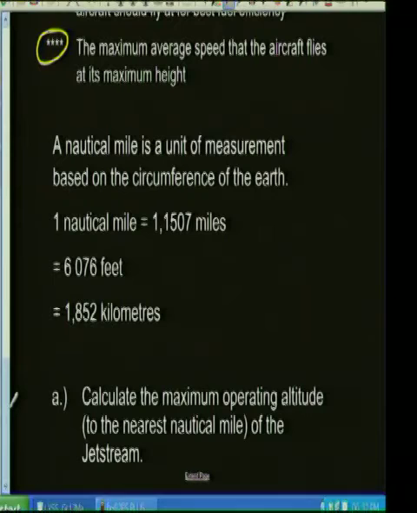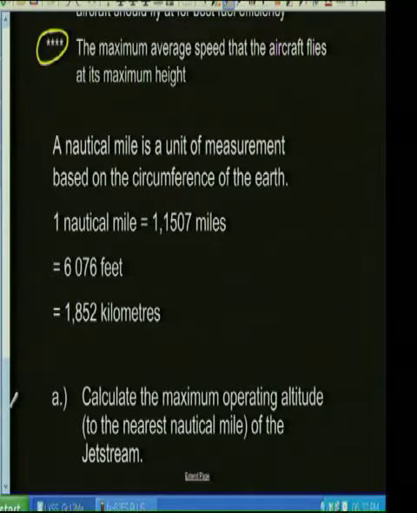Here we go. A nautical mile is a unit of measurement based on the circumference of the earth. Now, 1 nautical mile is equal to 1.1507 miles, which is also equal to 6,076 feet, which is also equal to 1.852 kilometers.